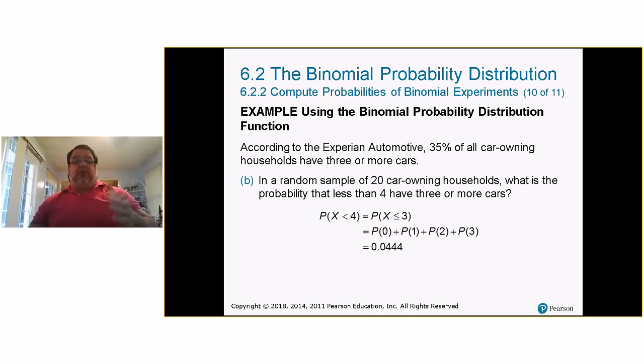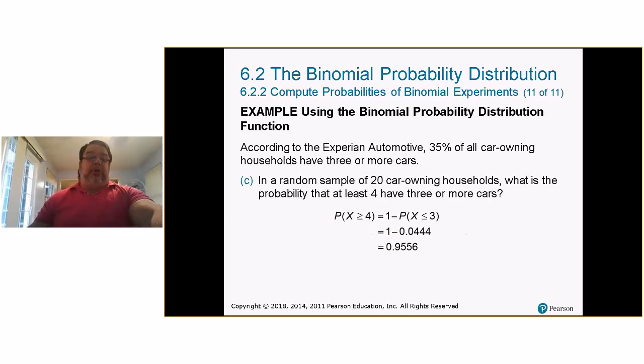You could do that, or you could do binomial CDF of N, P, 3: 20, 0.35, and 3. And it should give you 0.044. And this is the complement, what we were just talking about.